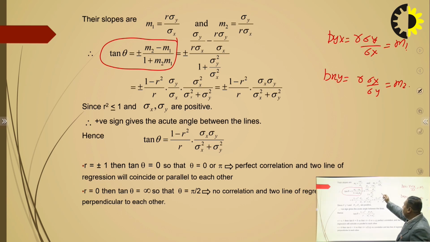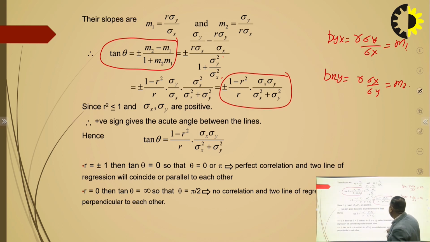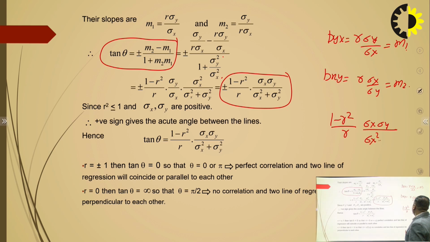We put the values of m1 and m2 from these relations, with m2 being r sigma x upon sigma y, and 1 plus sigma x square upon sigma y square in the denominator. After calculation, we establish the relation: tan theta equals (1 minus r square) upon r, times sigma x sigma y upon (sigma x square plus sigma y square).